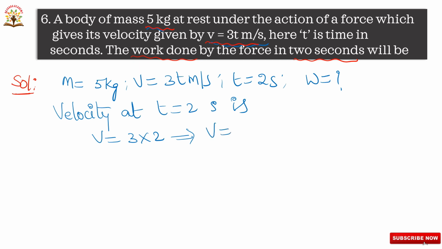So v = 6 meters per second and W equals kinetic energy, that is half mv².